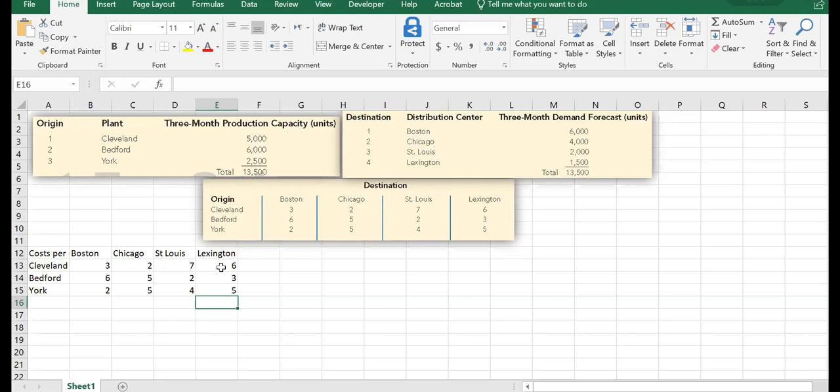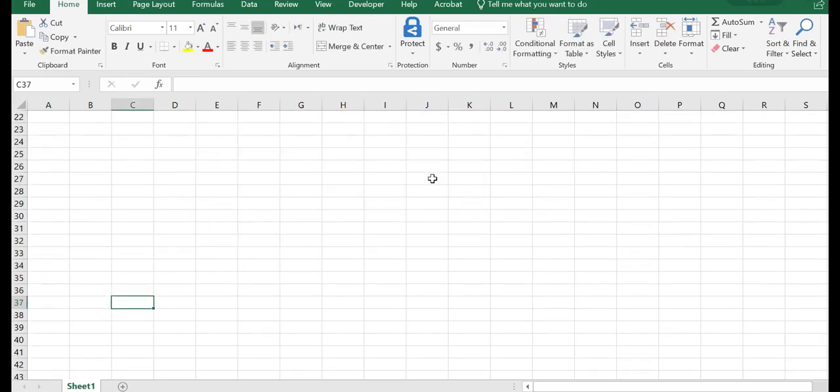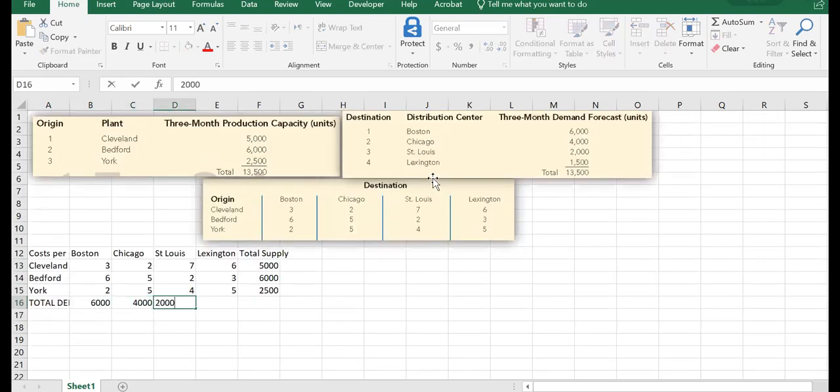So these are the costs, and then we have the total supply or total capacity: 5,000, 6,000, 2,500. And then we have the total demand of each distribution center. We have 6,000, 4,000, 2,000 and 1,500. And the sum of total supply and demand is the same.